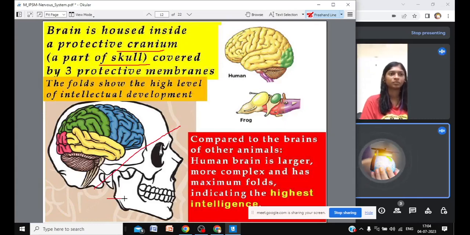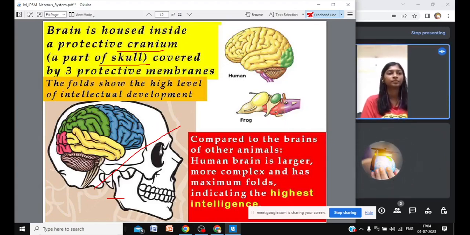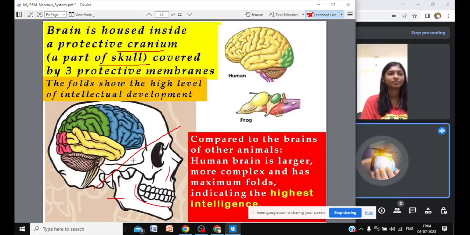The full thing is the skull, including the face, the lower jaw, the nose. The face includes the lower jaw, the nasal cavity, and the orbit for the eye.